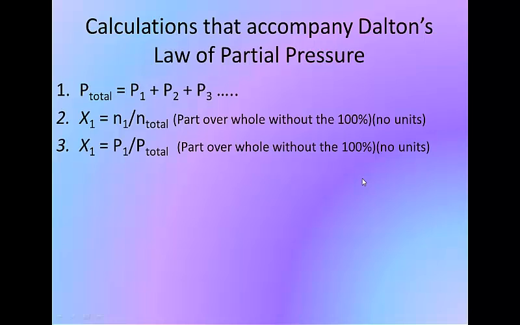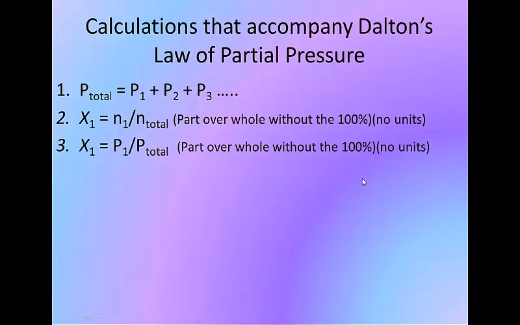Mole fraction can also be calculated using pressure. The pressure of number 1 divided by the total, also part over whole without multiplying it by 100%, also decimal form, also no units. Now here's a little mathematical term.